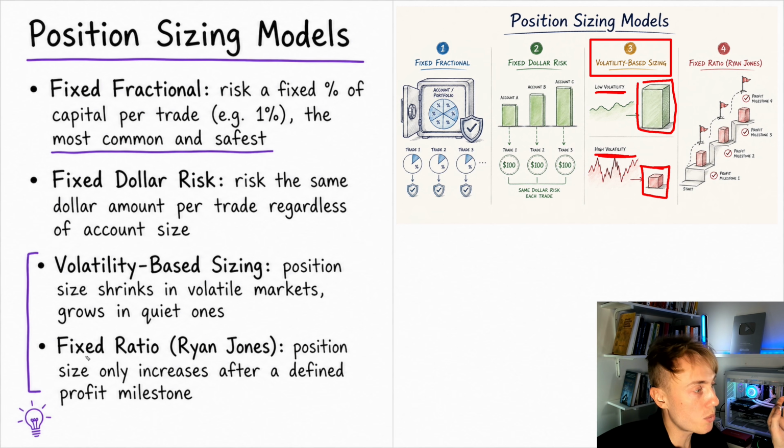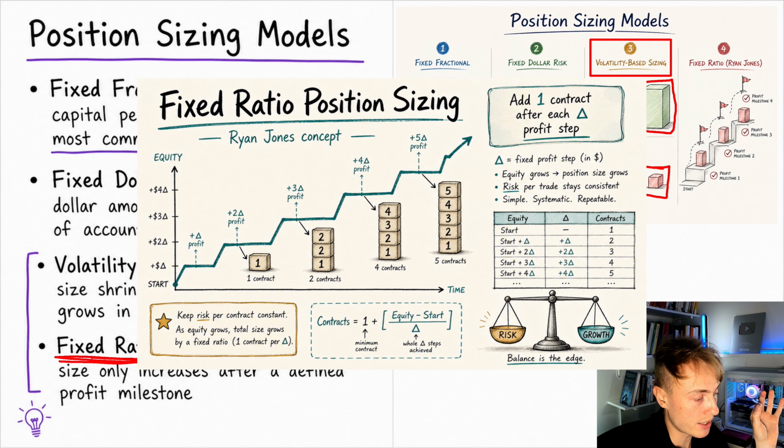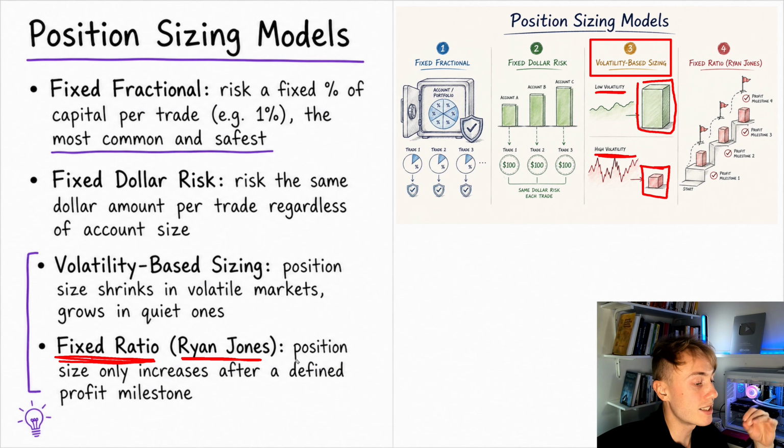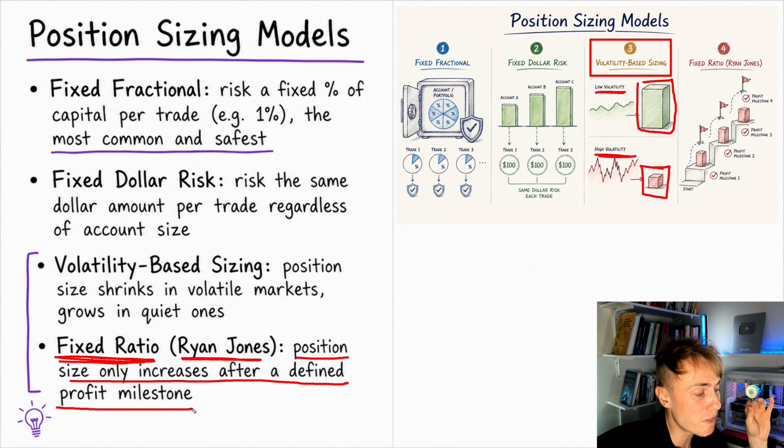Yet another way to position size is something known as fixed ratio. I think it was popularized here by Ryan Jones. And this is basically when your position size only increases after a defined profit milestone. So this is basically when you set up for yourself that you're only able to risk maybe let's say $100 until you reach a certain profit target, or until you reach a certain account balance.